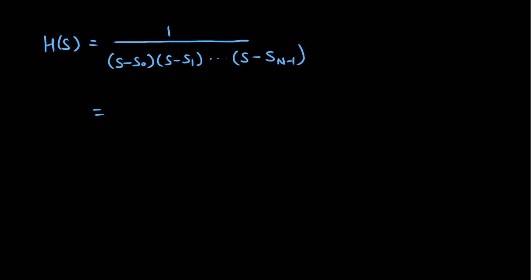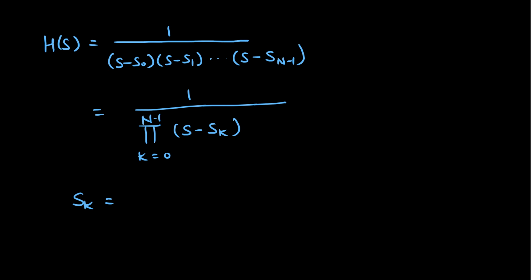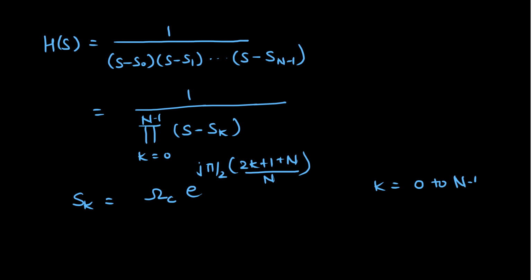This is equal to 1 divided by the product of k running from 0 to n minus 1 of S minus Sk, where this Sk, we know, is given by omega c into e to the power j pi by 2 into (2k plus 1 plus n) divided by n, and k varies from 0 to n minus 1.